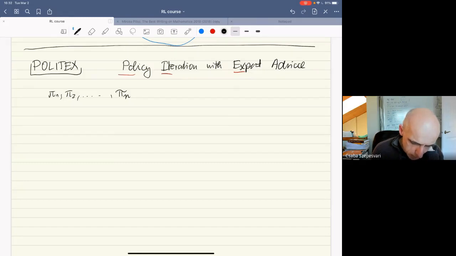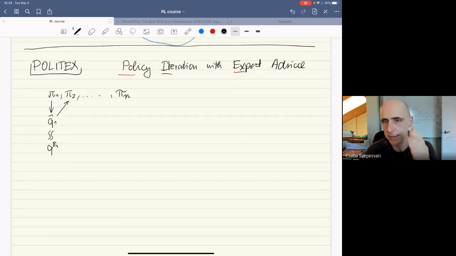And whenever it has a policy, then we approximately evaluate that policy. So think about that as being close to the action value function of that policy. And then instead of greedifying with respect to that, that's the step that is going to be different. We're not doing that. We are doing slightly different things.